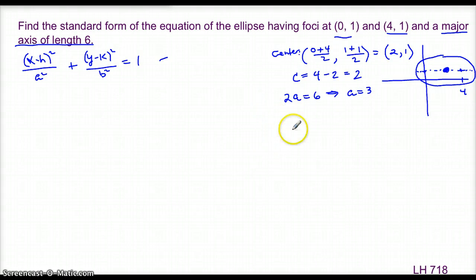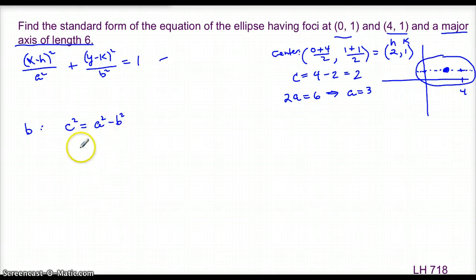Now, by the way, from the center, we know that this is h and this is k. So far we have h, k, a, and c. We need b, and I'm going to do it over here. b is going to be determined from c squared equals a squared minus b squared.